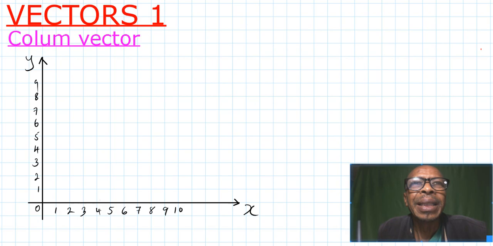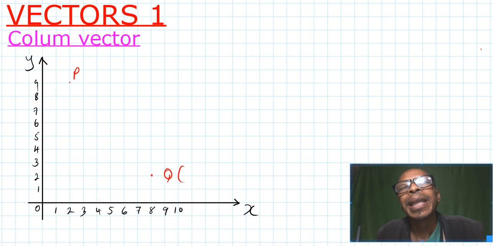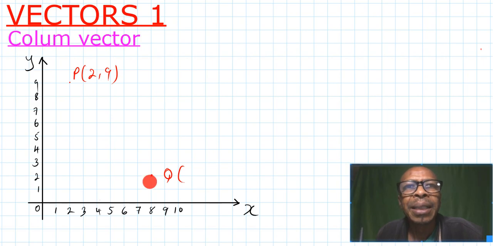Here it is P, and here it is Q. So we can get the coordinates of P and Q. P is at 2, 9. What about Q? Q is at 8, 2.